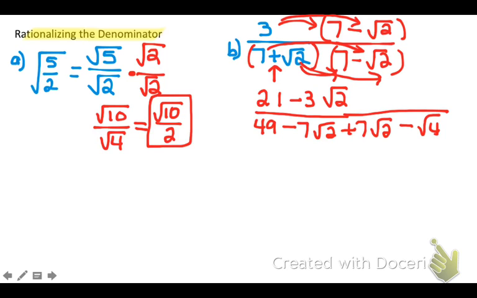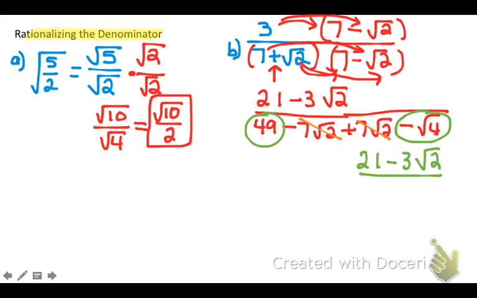We can simplify this denominator by combining like terms. So the final answer will be 21 minus 3 square root 2 over 49, and it's actually minus 2 because the square root of 4 is 2, so over 47, and that is as simplified as that one can become.